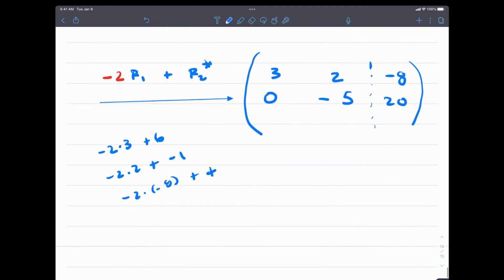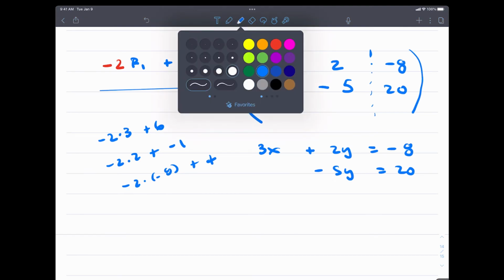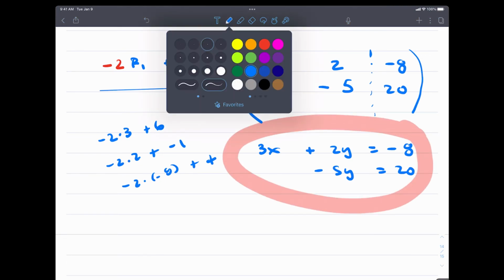All right. Now remember, these coefficients correspond to my system here. Okay, so we're going to write down the system again with the variables x and y. And then you use back substitution here.